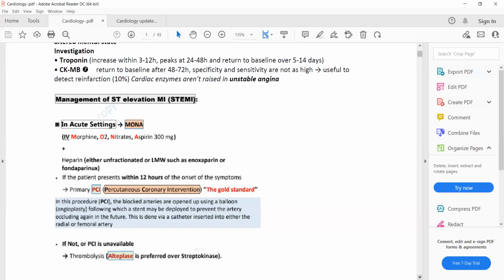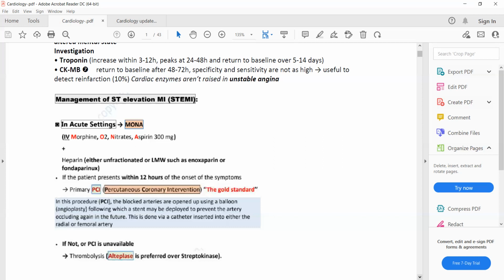Along with antiplatelets, we also need to give an anticoagulant such as heparin. Heparin can be given as unfractionated heparin or low molecular weight heparin, such as enoxaparin or fondaparinux.